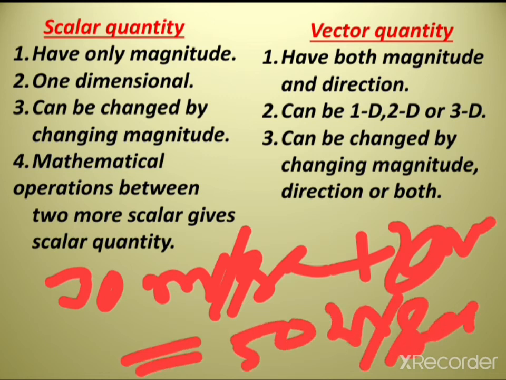That means if a body is moving with 30 meter per second and another body is moving at 20 meter per second, then the new speed will be 30 meter per second plus 20 meter per second. It will give 50 meter per second. So this 50 meter per second is again a scalar quantity.